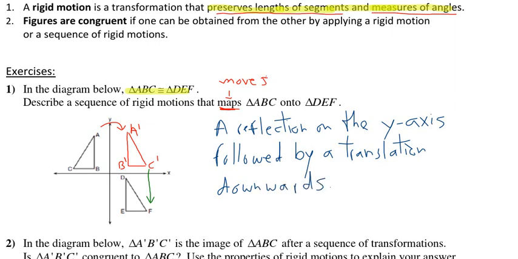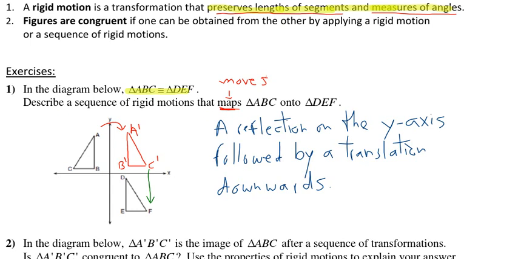We always try to be as exact as we can. So we say where was it reflected? It was reflected on the y-axis. And how was it translated? We're just saying downwards because we cannot know how many units down it was translated. But if you had a coordinate plane, you should say how many units down it was translated. In this case, we cannot say that. So that will be the description that we are being asked for.